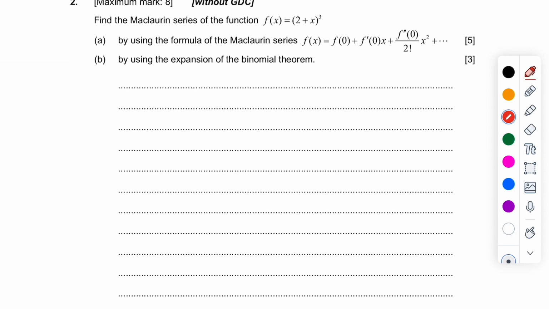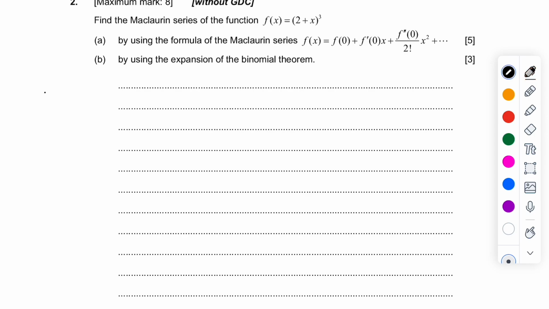Question number 2. Now in question number 2, what is being asked? Find the Maclaurin series for f of x equals 2 plus x whole cube by using the formula for Maclaurin series, till x square.